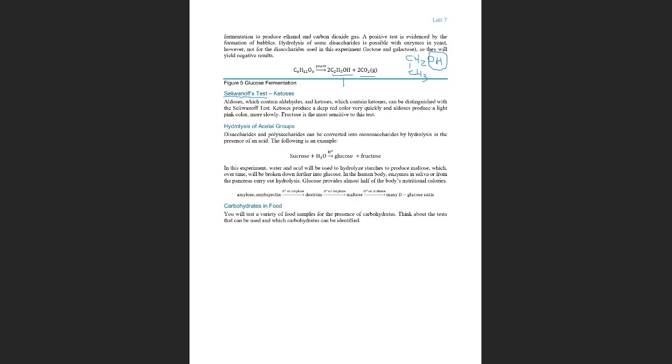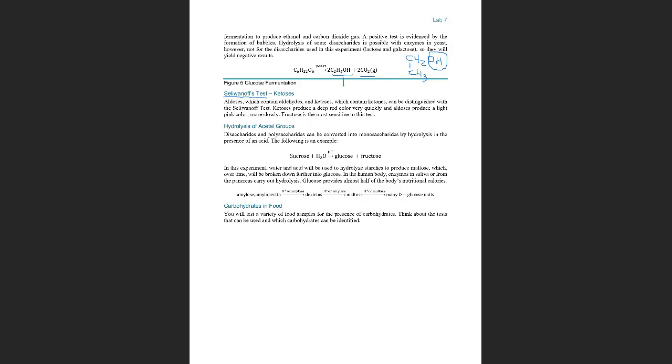Basically, aldoses, as you know, contain aldehydes, as we saw at the beginning, and ketoses have ketones. And this test is just to distinguish those. All you have to remember is when is a positive test, when is a negative test.